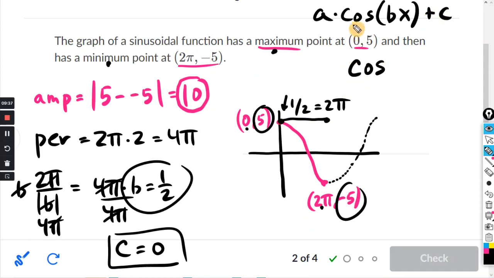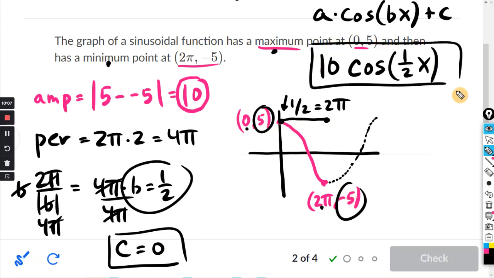Same formula if this were the sine. So positive cosine, we said the amplitude was 10, so it's just going to be a 10. b times x, it's going to be 1/2 x, no pi this time, and then plus c. Well, c was just 0, because the midline is exactly in between 5 and negative 5. So that's it. 10 cosine of 1/2 x.